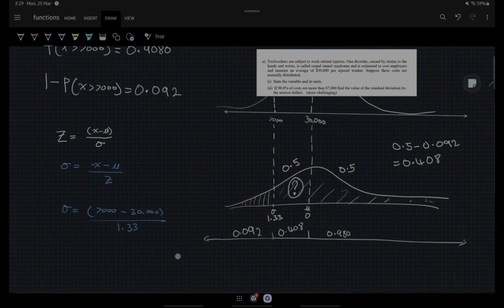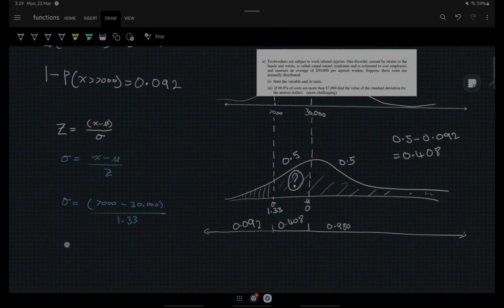I didn't write that down anywhere. Plugging that into a calculator, you end up with 17,293.233, but I'll round it down.